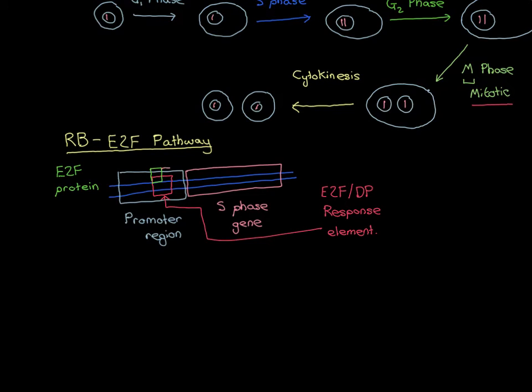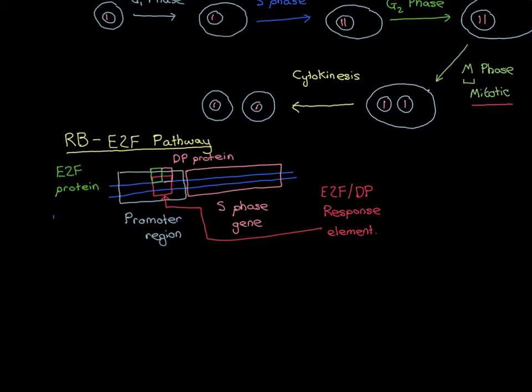And then the E2F protein is going to be bound to another protein called the DP protein, and again there are multiple different types of DP proteins. Again, we're not going to stress that fact. At our basic level, we're just concerned about the fact that there are these protein complexes where you have an E2F protein and a DP protein bound to one another, and this of course is called an E2F DP complex.